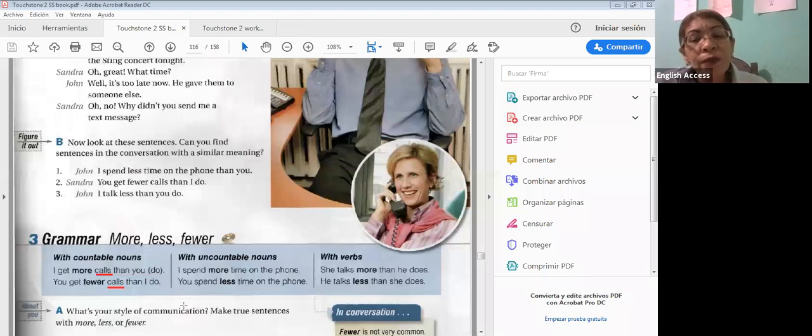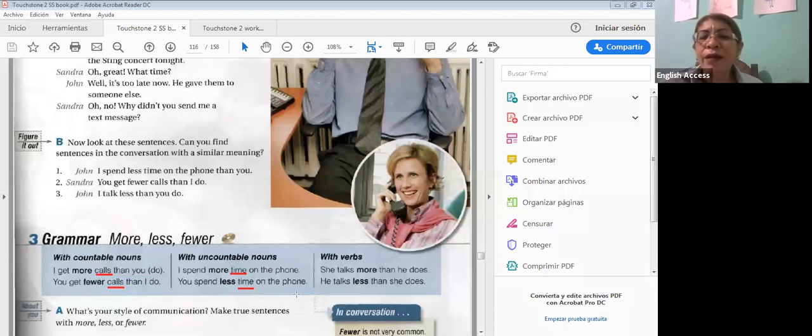The second column says uncountable nouns. If you pay attention, we have time. Time is an uncountable noun. We can count the hours, seconds, minutes, but we cannot count time.